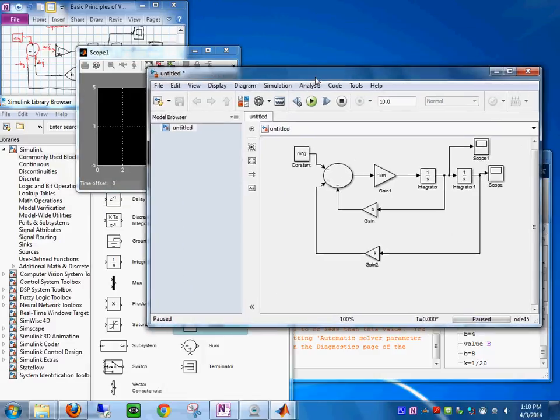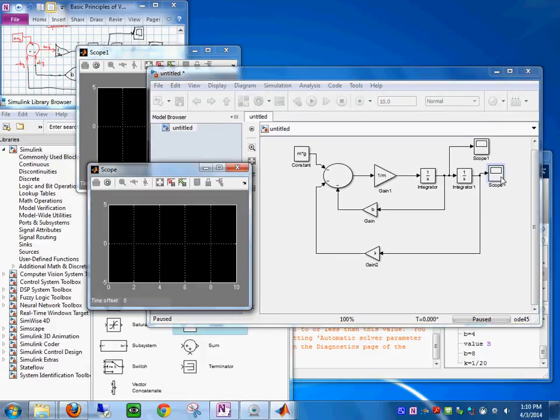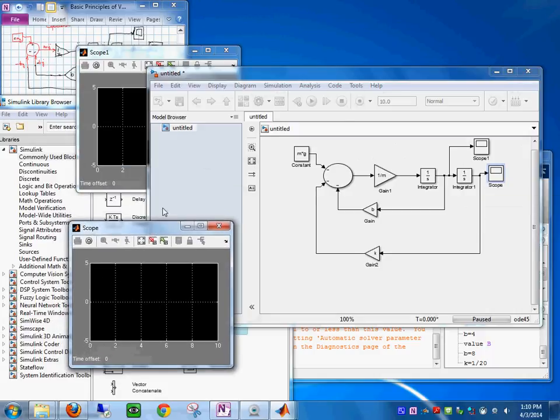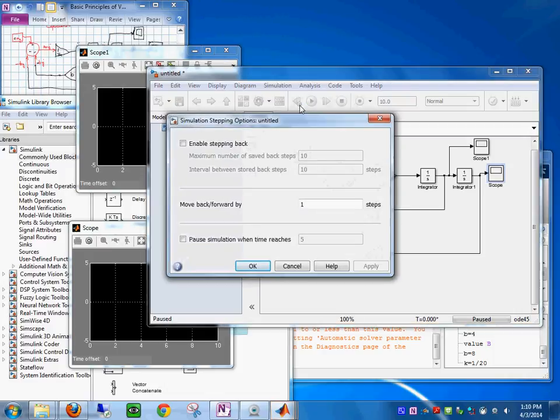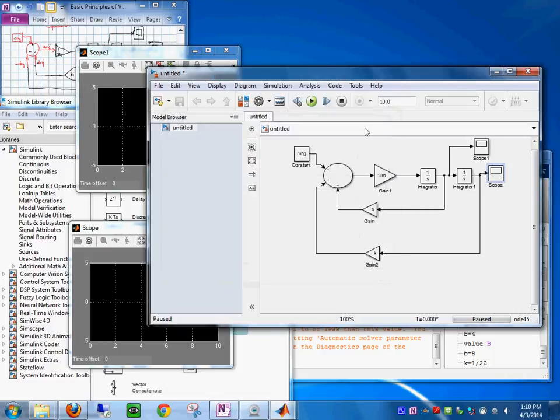We need to have both. There you go. So I don't think that it will complain anymore.